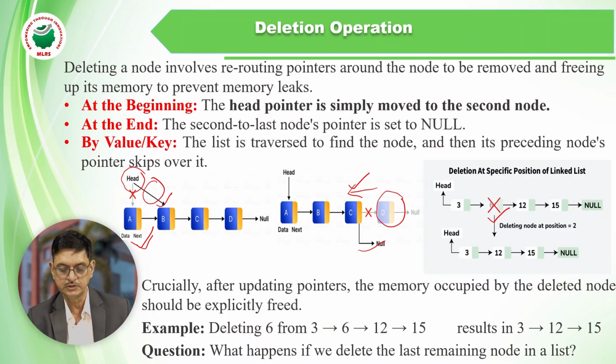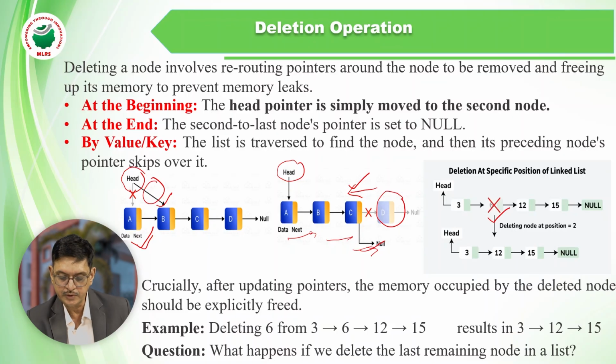We need to start with the head and traverse from the first node to the second node to the third node and onward, until we identify two nodes.